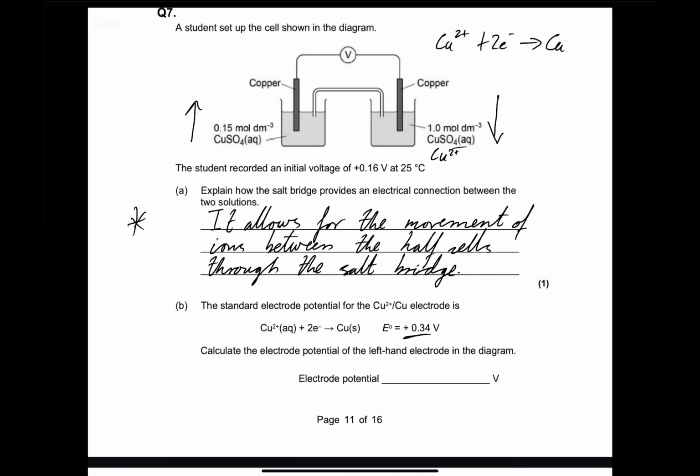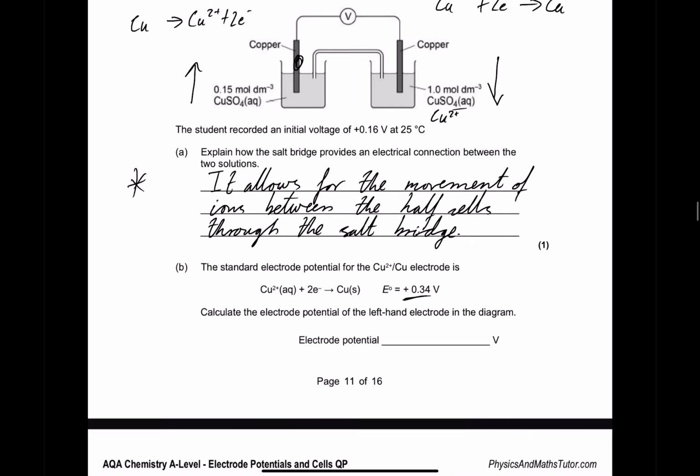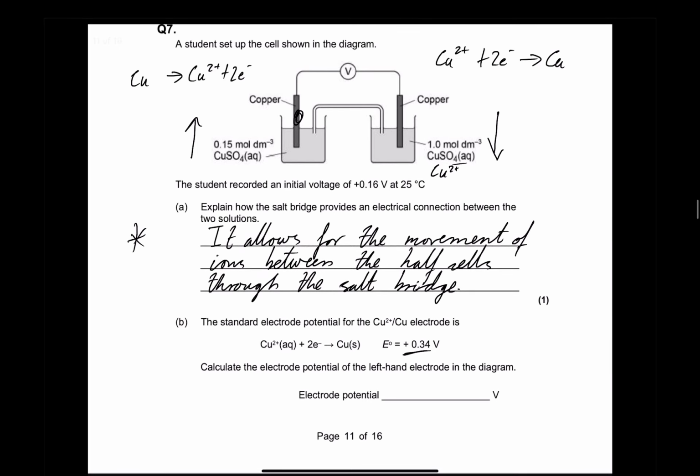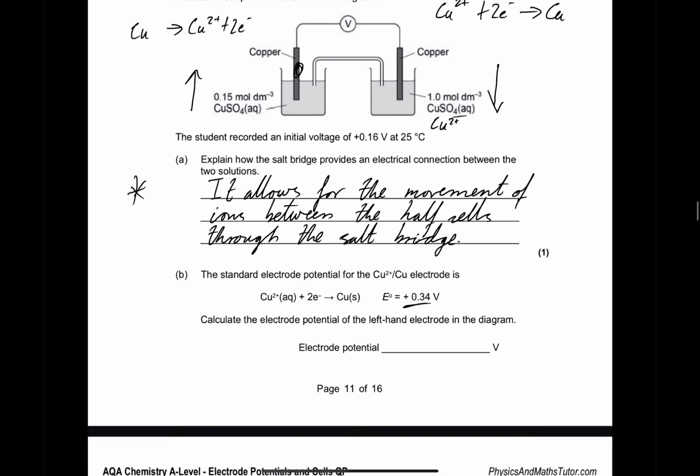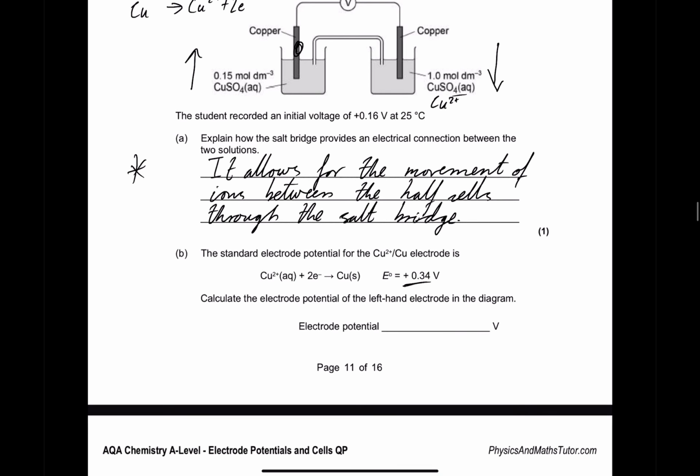And then this would have to be oxidized to Cu2+ to increase the concentration. This electrode here will be oxidized to Cu2+ to increase the concentration here. So the left electrode is the one that's being oxidized, and they want us to work out the left electrode, right?